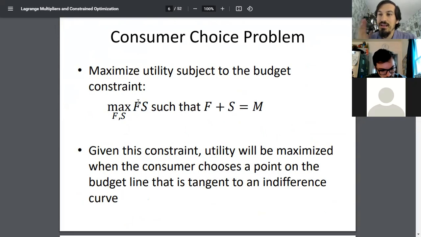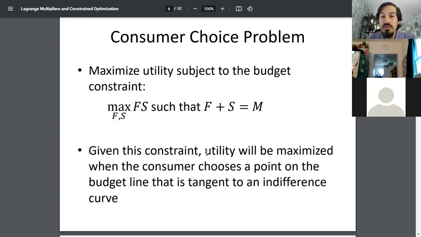That would have been the end of the problem in the previous chapter, which is unconstrained optimization problems. The difference now is that we add this clause, which is that we're not just maximizing f times s unconditionally, we're maximizing f times s such that f plus s equals m. That's called a budget constraint or a constraint.